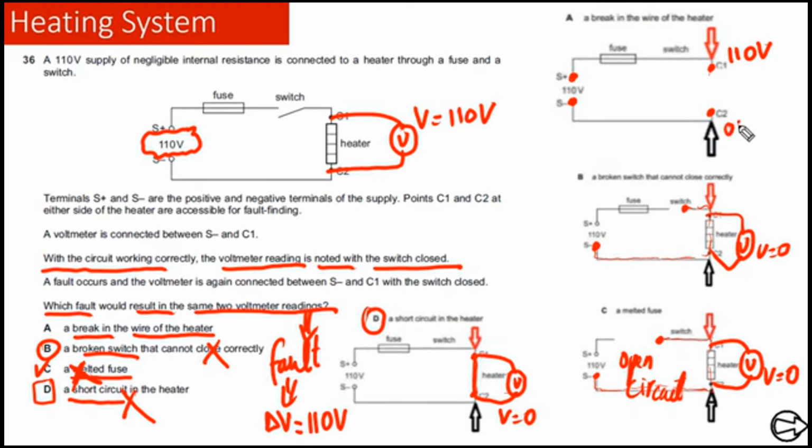So we can assume the potential here will be 0 volts. You need to understand the potential difference. If we attach a voltmeter here, the reading on the voltmeter will be equal to the EMF of the battery, that is 110 volts. So this is our answer.